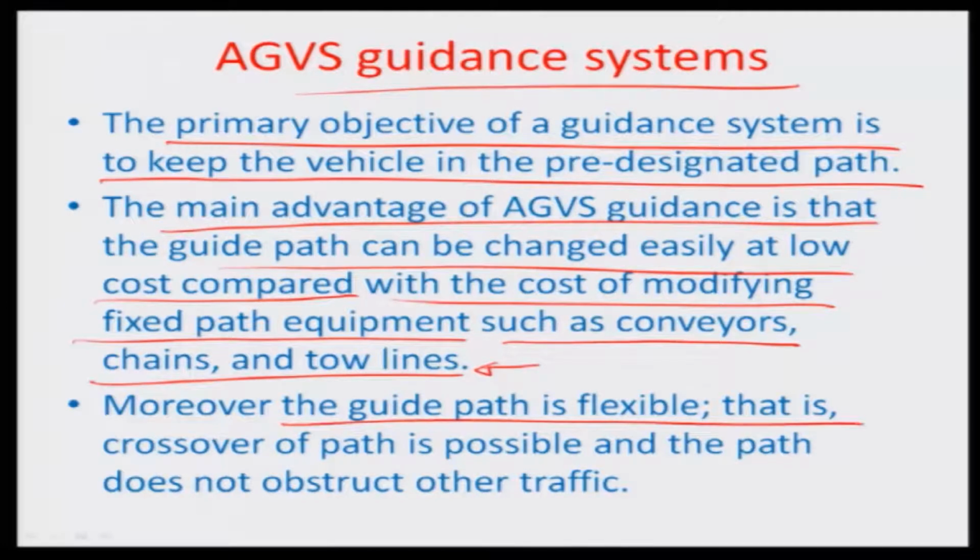Moreover, the guide path is flexible, that is, crossover of the path is possible and the path does not obstruct other traffic. It is all by signal matching or frequency matching that selection of the path can happen, if you have a unit which can recommend a particular frequency or do a local frequency selection on the vehicle unit itself.